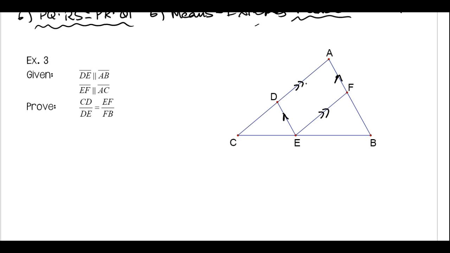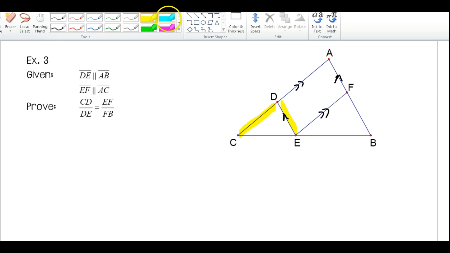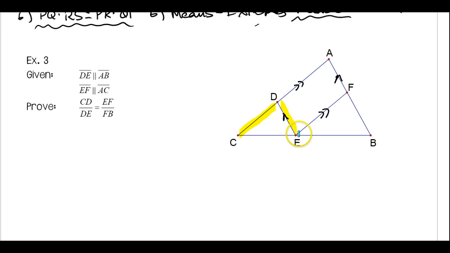And I want to prove that CD over DE is equal to EF to FB. Okay, so I see that I have these two triangles in the left corner and the right corner, and if I can get those similar, then I can do this by getting corresponding parts proportional.